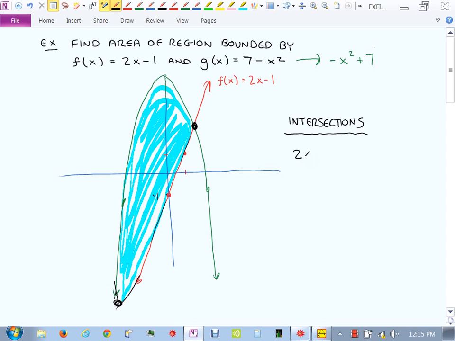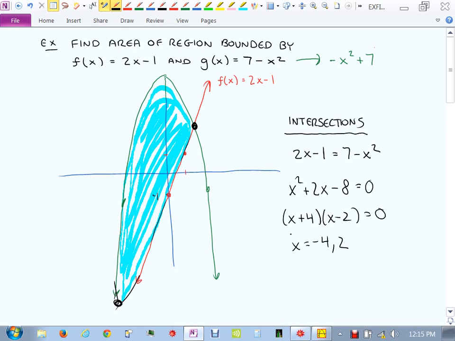So you have to set the two functions equal to each other. And that's a quadratic equation. So move everything over to one side. You can either factor this, or if it doesn't factor, what can you use?